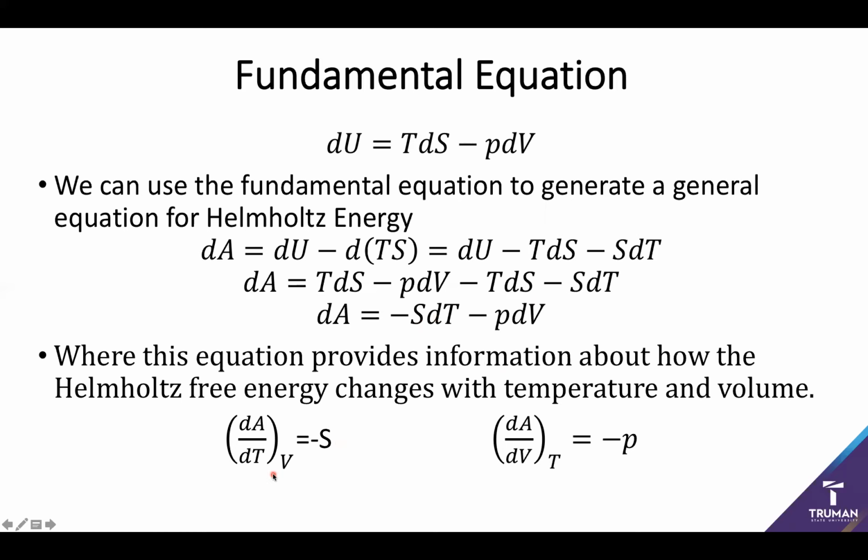So if I'm isochorically heating a system, I am going to see a decrease in the Helmholtz free energy, thus making the system more stable. And this is going to be a function of the entropy. The more entropy or disorder in the system, the more I'm increasing the favorability of the system, which again does make a large degree of sense.